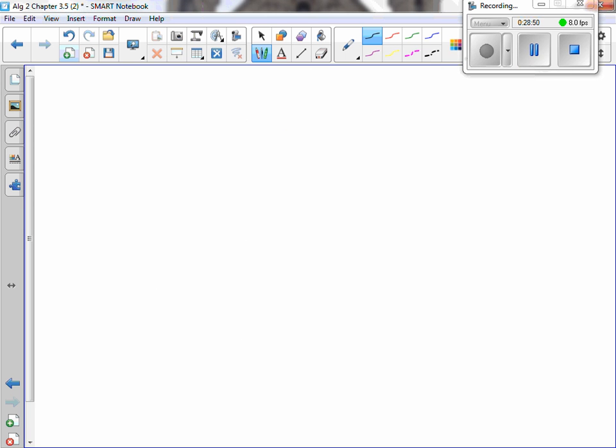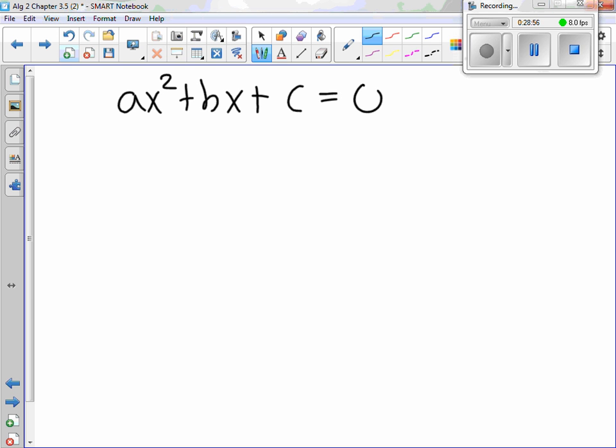And what is a quadratic? It always comes in the form of ax squared plus bx plus c, yes? This is what we call a quadratic, yes? And what did we say? If we use completing the square, we will always get a solution, yes? This is the general form for any quadratic, yes?